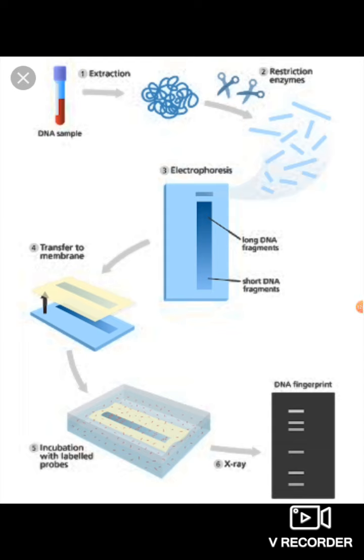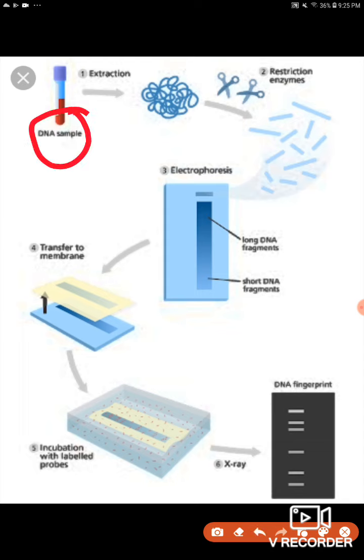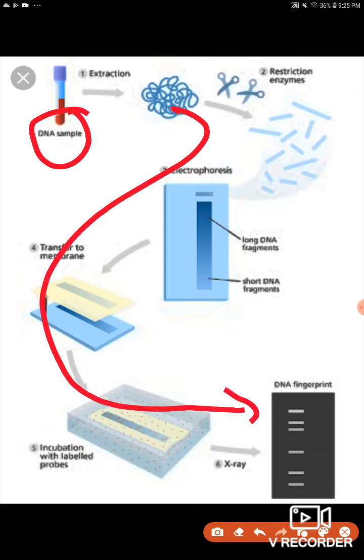Here in this figure, you can see the method of DNA fingerprinting. Mostly it is used for maternity issues, paternity issues, or some criminal cases. From the blood samples, through this whole process, we can find a band-like structure.